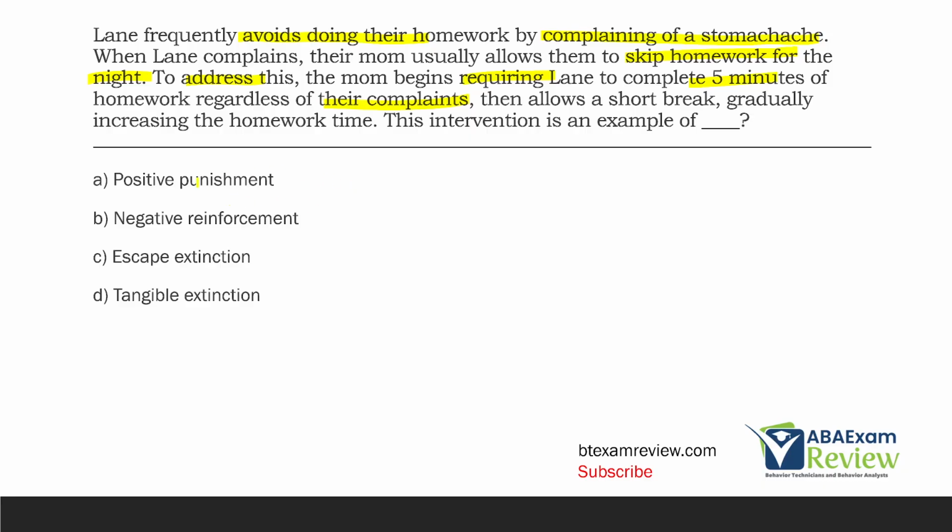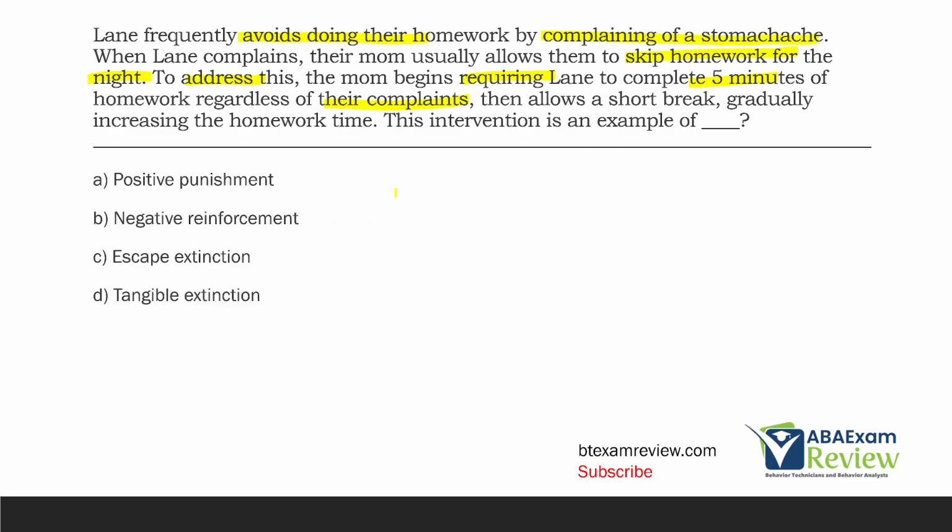Now, let's start here. Do we know how the behavior has changed? We don't. We know at first when Lane was allowed to escape, they would continue complaints. Ever since this intervention has begun, it doesn't tell us how the behavior has changed.